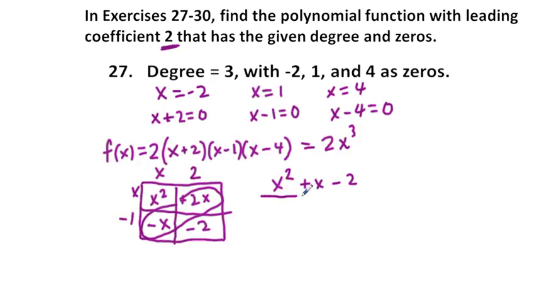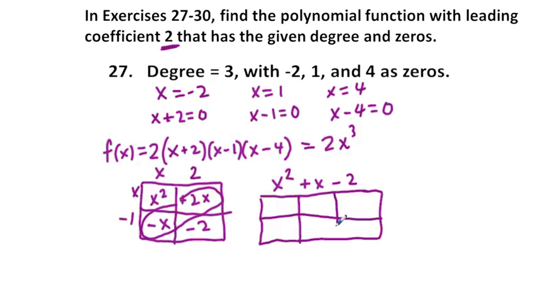And we're going to make a box to multiply this together, and we're going to multiply by our last factor here, which is x minus 4. So we put x minus 4, and x times x squared is x cubed, and then x times x is x squared, x times negative 2 is negative 2x, and then the lower one we have minus 4x squared.